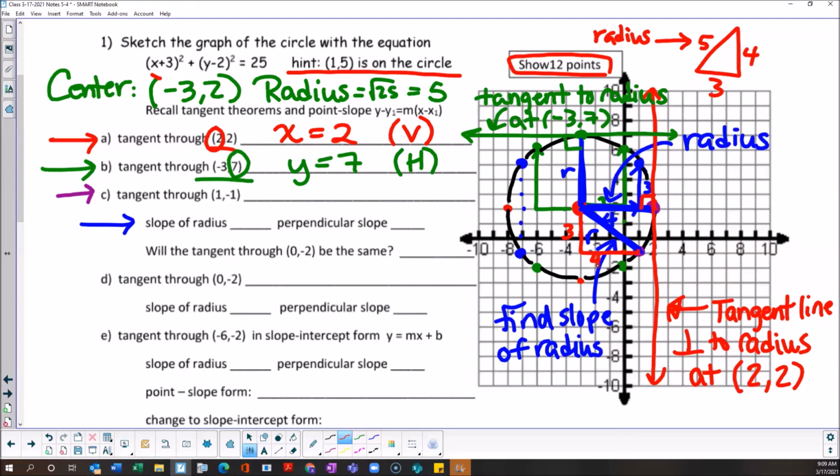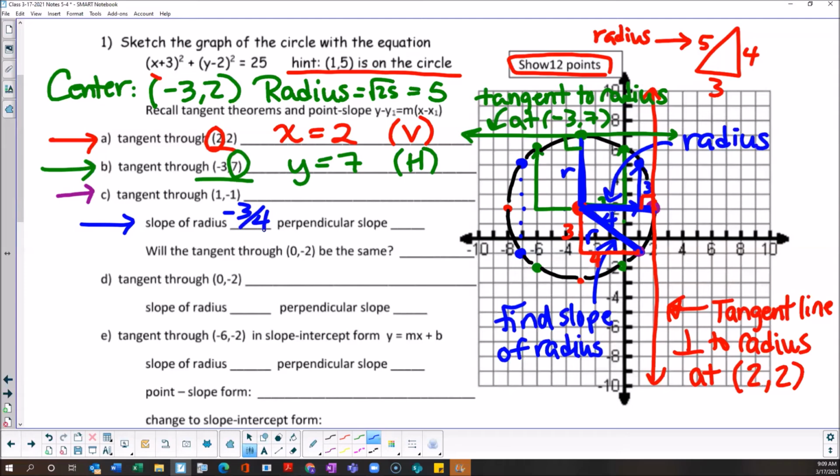So what do I get, Andrew? Yes, go ahead. Okay, so the slope of the radius at that point is -3/4. Outstanding. Then I need to get the slope that's perpendicular to that.